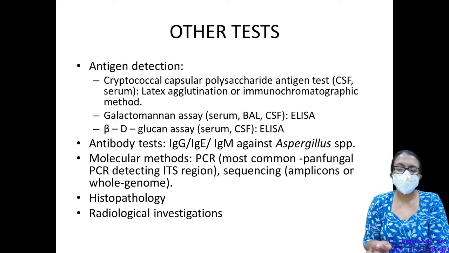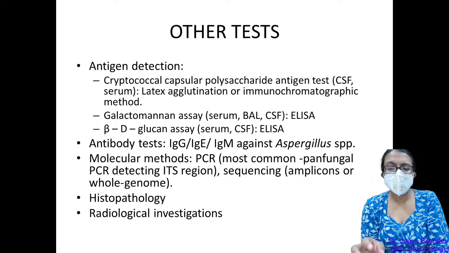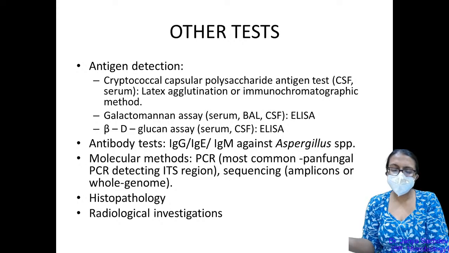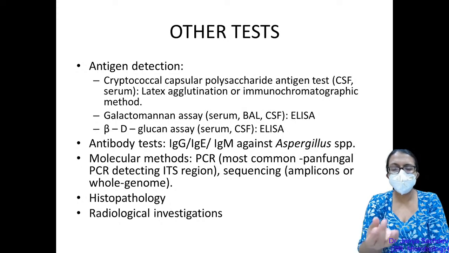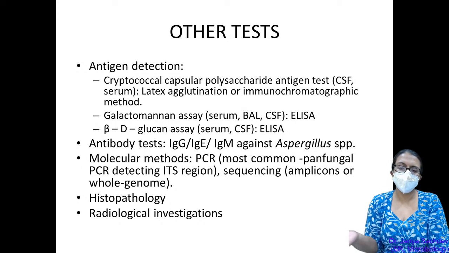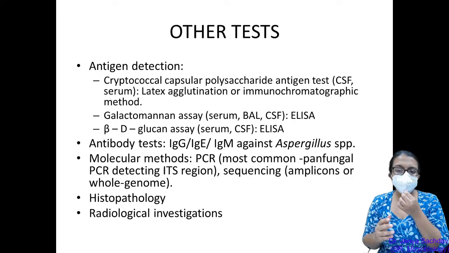In the latex agglutination test, if the cryptococcal capsular antigen is present, we'll get clumps of white material where they've bound and formed complexes with the latex, which is coated with antibody. In the immunochromatographic method, we get a colored line where the antigen is bound to the immobilized antibodies in the nitrocellulose strip.